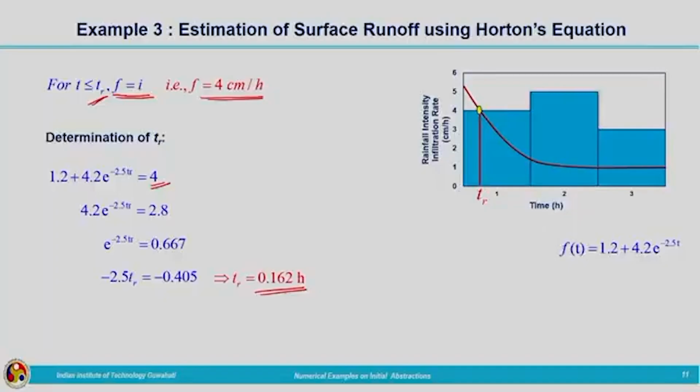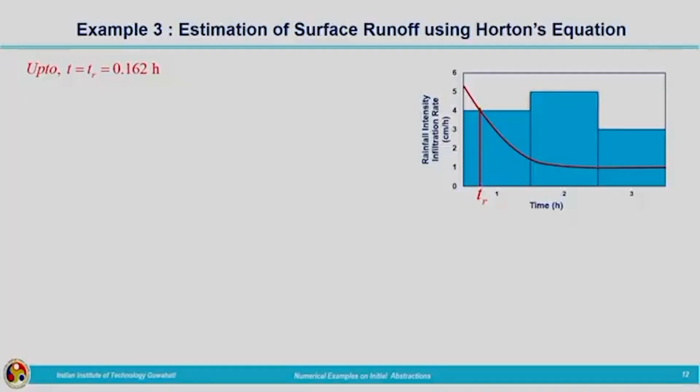At 0.162 hours or before, for T less than 0.162 hours, whatever rainfall is occurring is lost as abstractions. When T is more than 0.162 hours, whatever rainfall is coming, from that we deduct the infiltration and we will get the excess rainfall.